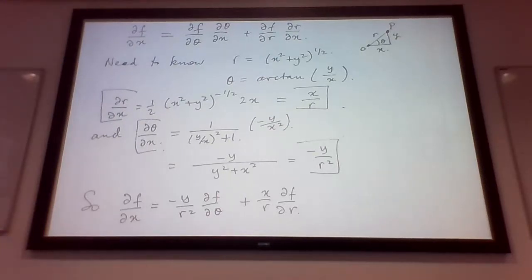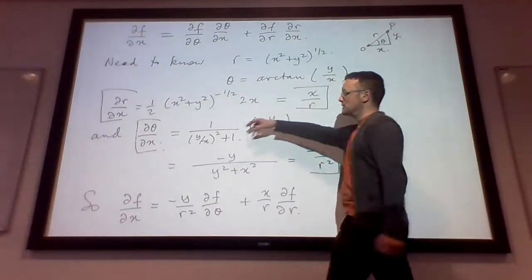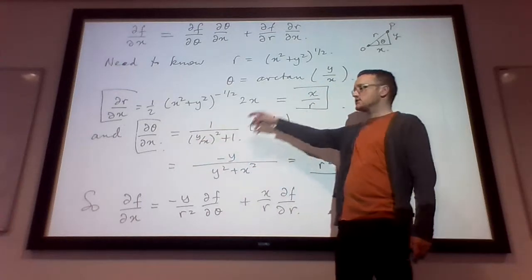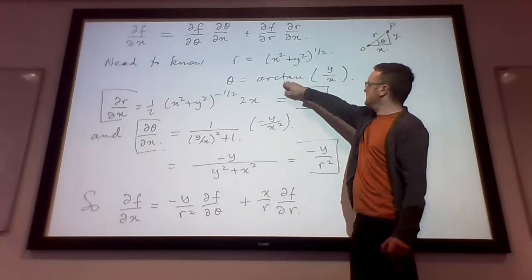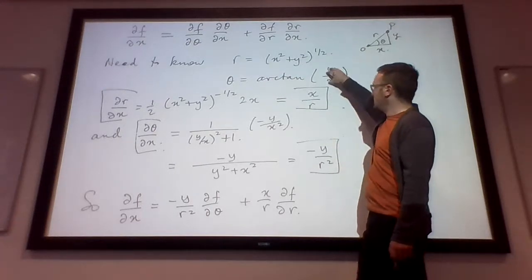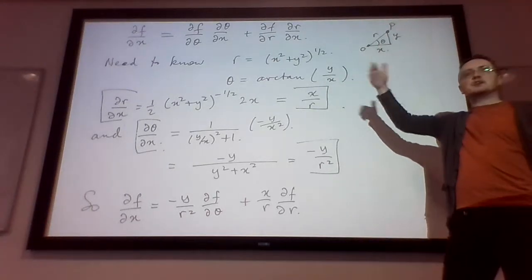Yes, question. dθ/dx. Why is it minus y over r squared? So the question is to explain the dθ/dx. When we're differentiating this, it's a function arctan, the inverse tangent of a non-trivial function of x. So I need to use the single variable chain rule.